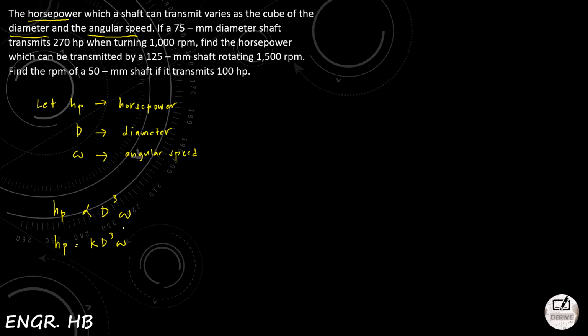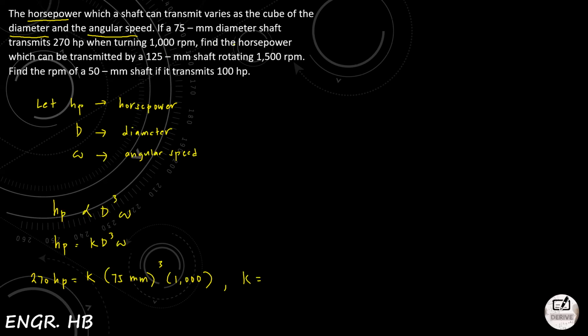Okay, ang sabi, if a 75 millimeter diameter shaft, so be careful again sa unit guys, inuulit-ulit ko yan, transmits 270 horsepower when turning 1000 RPM. So, pwede nating makuha ang K dyan, pero tuloy-tuloy ko nang basahin.